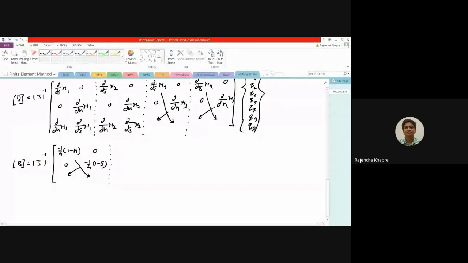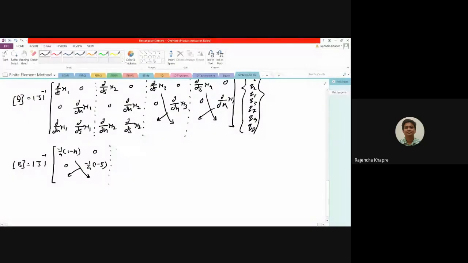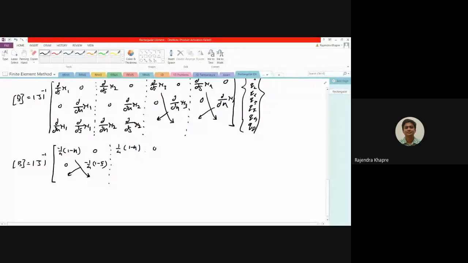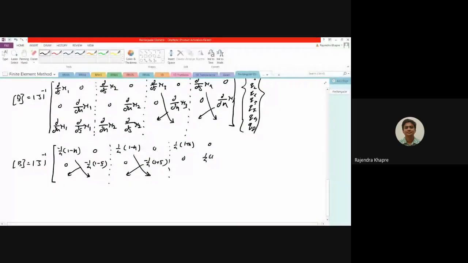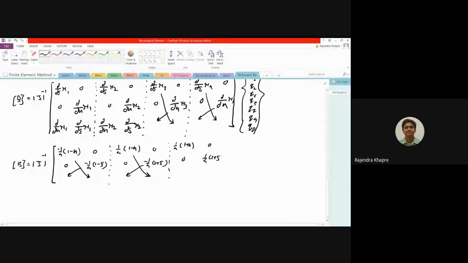So this is the first section. The next will be something like 1 upon 4 into 1 minus eta, and this will be 0, and this will be minus 1 upon 4 into 1 plus xi, this value will come over here, and this value will come over here. Then we have 1 by 4 into 1 plus xi, this will be 0, and this will be 1 by 4 into 1 plus eta, not xi.